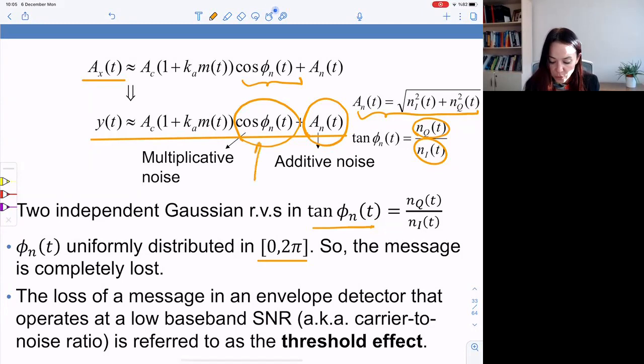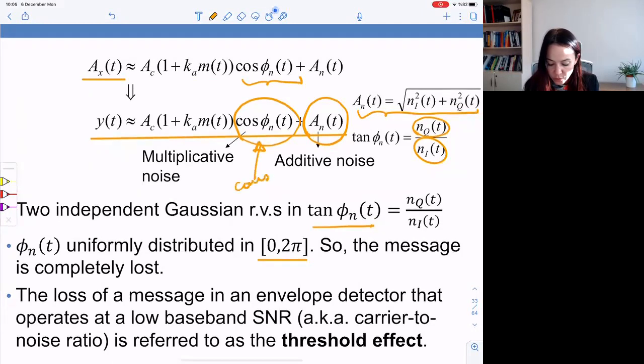This is going to cause message loss because phi_n takes equally likely values from negative pi to pi. So that means the cosine term is going to randomly attenuate our message, therefore resulting in irreparable loss.